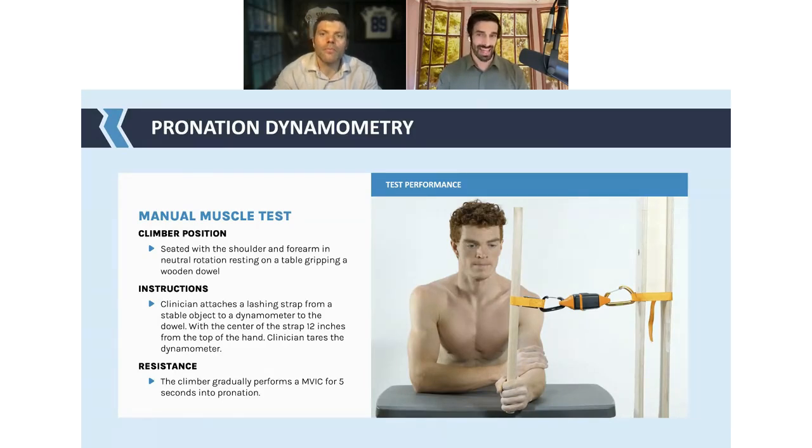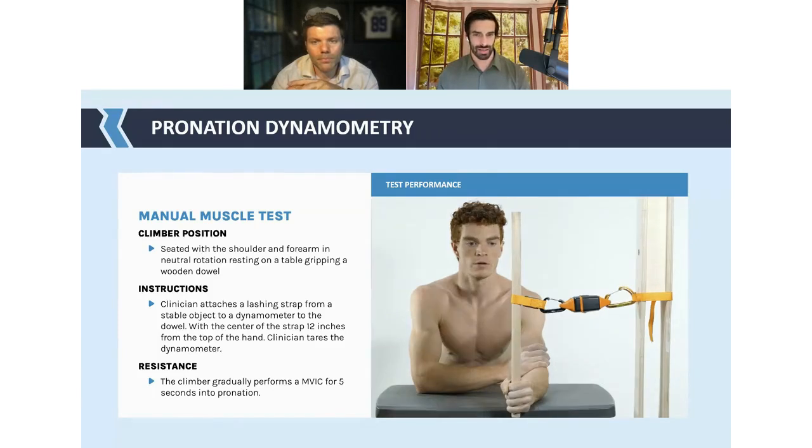I'll mark a certain mark, I usually go 12 inches up, and I'll place a lashing strap around the mark and connect it to something stable next to them. In this position, they can then generate their pronation force, and I can get a true value. So let's see what that looks like.